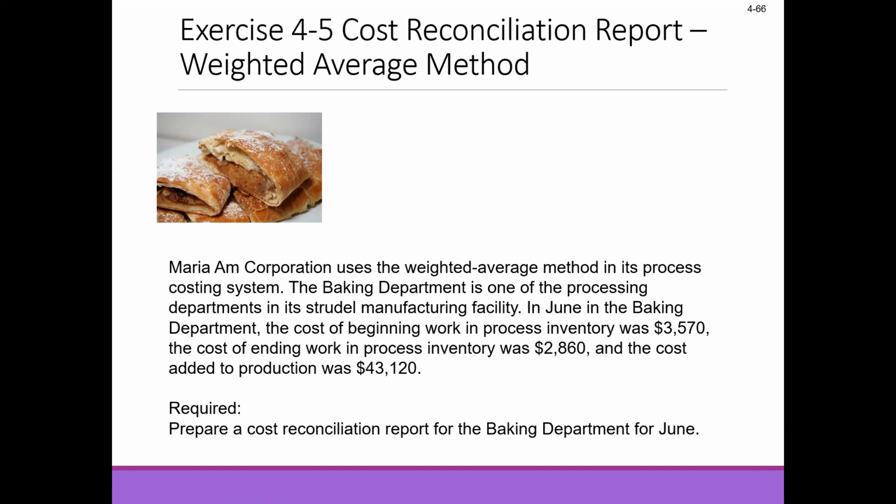The cost of ending work in process inventory was $2,860, and the cost added to production was $43,120. We have to prepare a cost reconciliation report for the baking department for June.